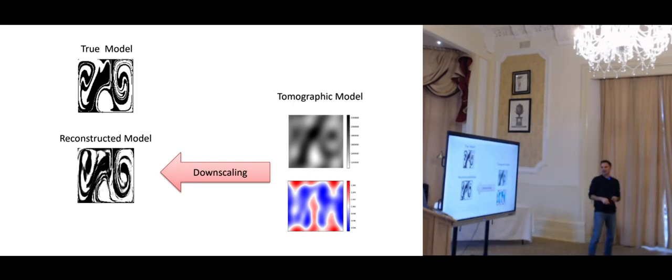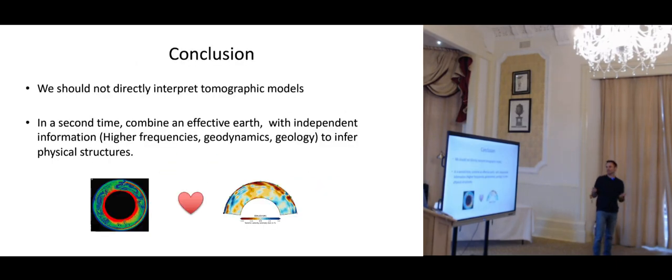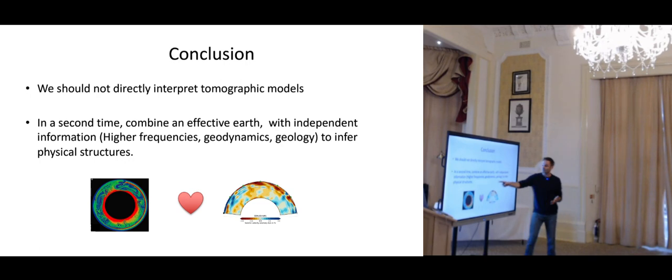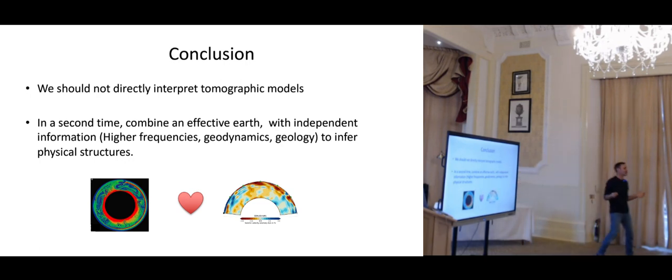Okay, so this is of course very preliminary. It's just a toy example, but what I've tried to show you is that we are trying to reconcile different fields, seismology and geodynamics, that see the Earth at different scales, and we're trying to put them together.